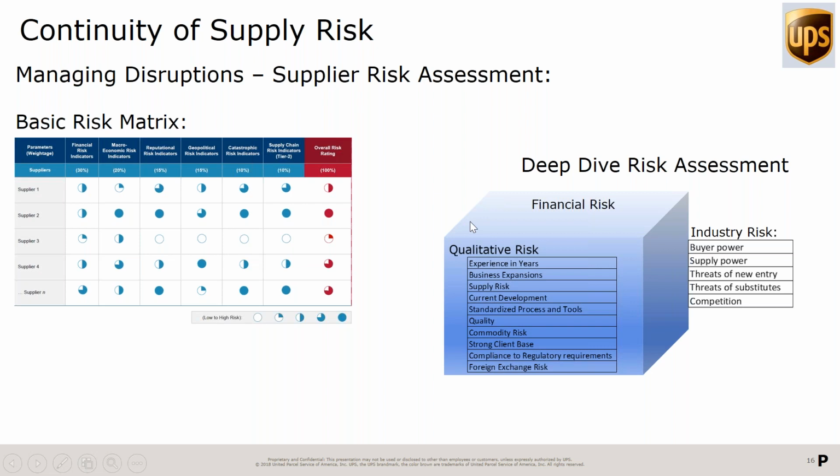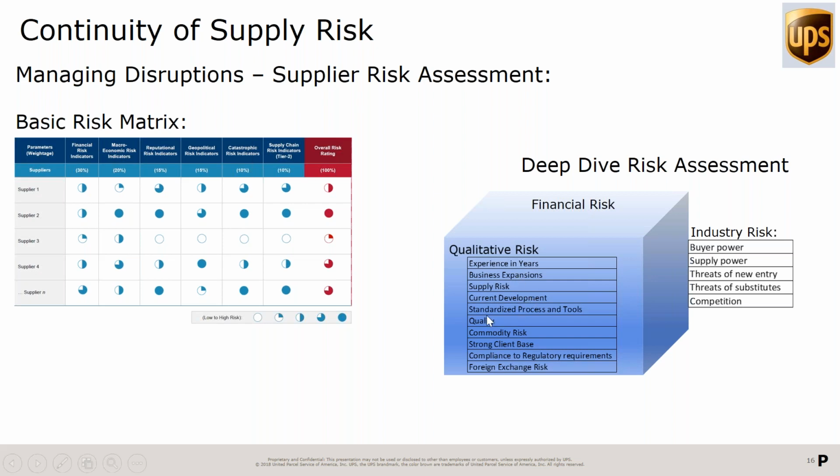From here, you could also transition to a deep dive supplier risk assessment that focuses on a little more detailed supplier financial risk, leveraging their shared financial data, and also doing a full-depth qualitative risk analysis of their company.